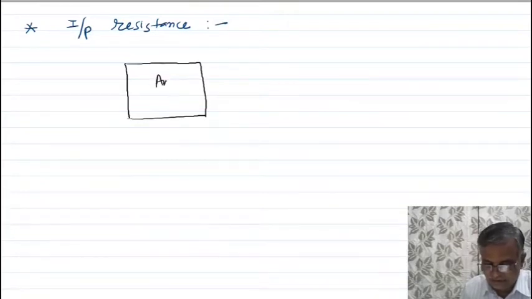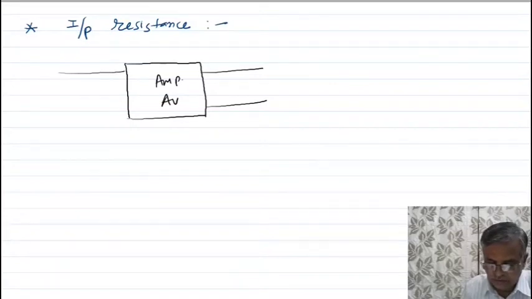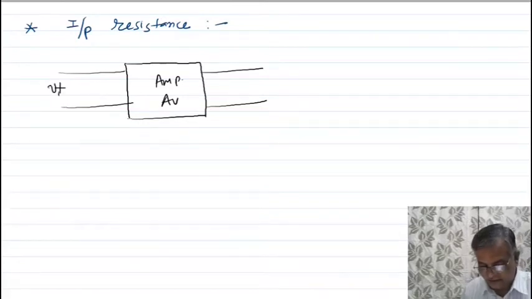This is your amplifier having a voltage gain AV. This is the output voltage. Here you have given the input voltage, this is VI. Now I am using a feedback network.